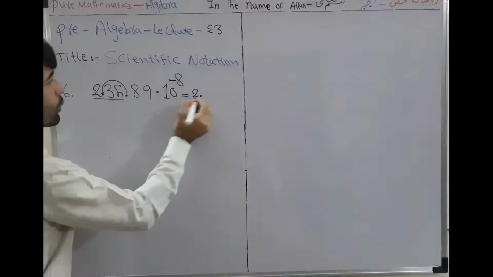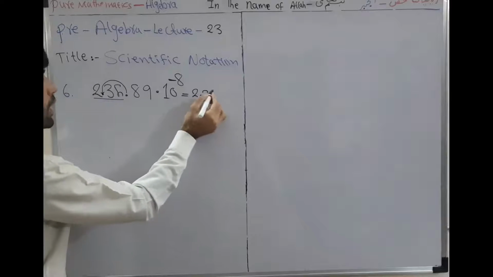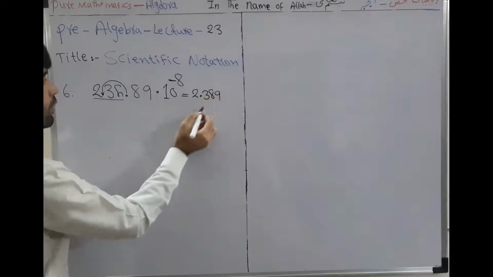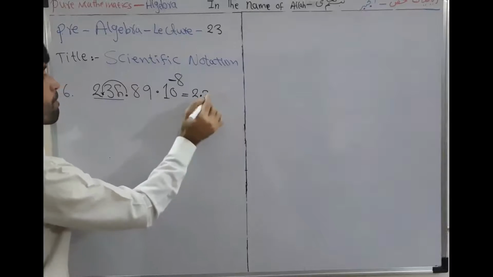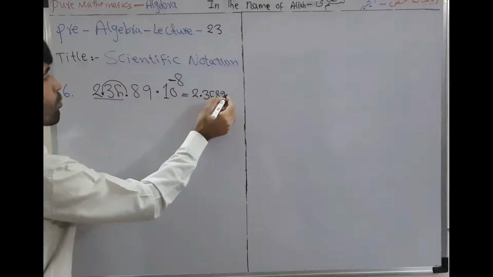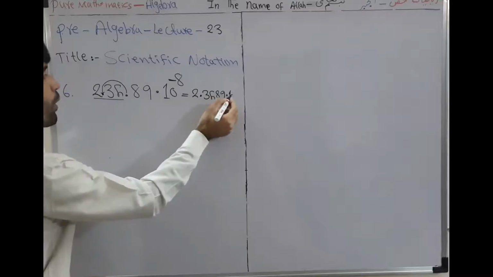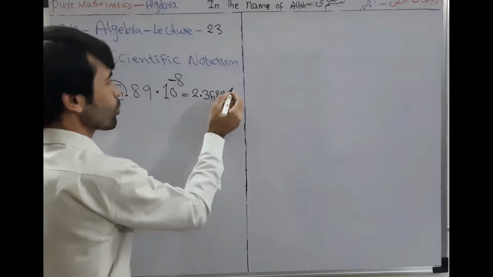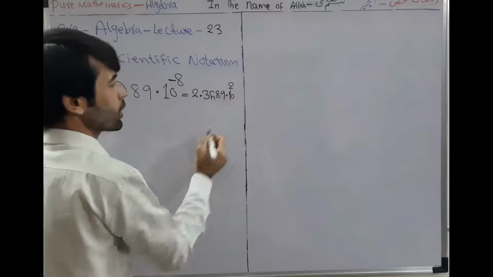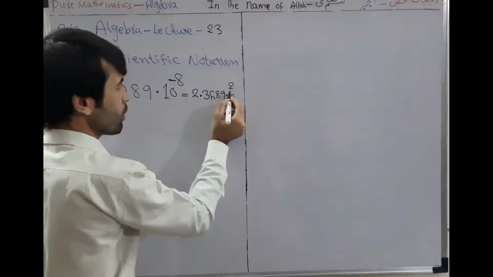Then it will become 2.3589 multiplied by 10 to the power, how many digits came to the left side? 2. The power of 10 will become 2.